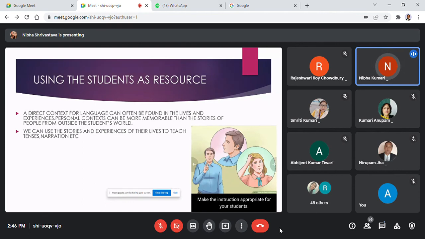We teach stories to students in the classroom, and then we ask questions and answers. We can sometimes ask them to share their personal experiences, and through that we can teach them the rules, the grammar, the structure of sentences. We can use their stories and experiences to teach tenses, narration, everything.